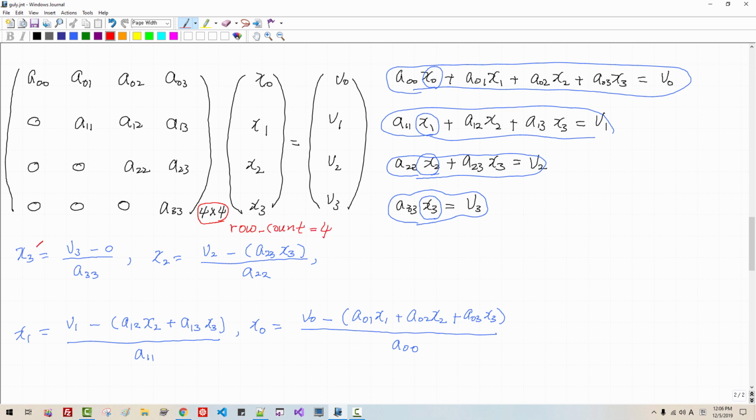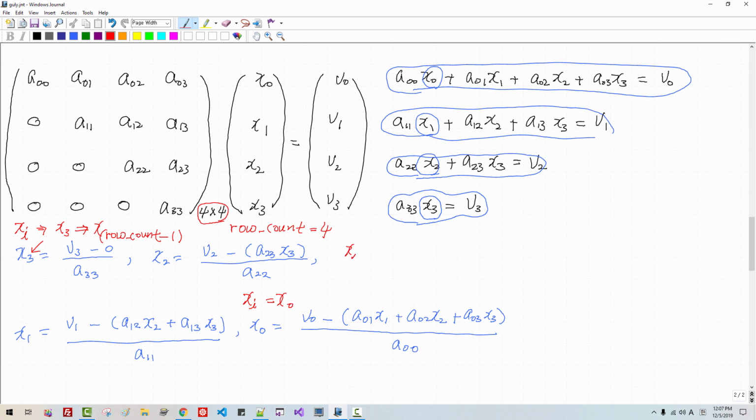Since this matrix is 4 by 4, the row count is 4. This is i, so xi starts with x3. It means x row count minus 1. This is the start index. xi ends with x0.